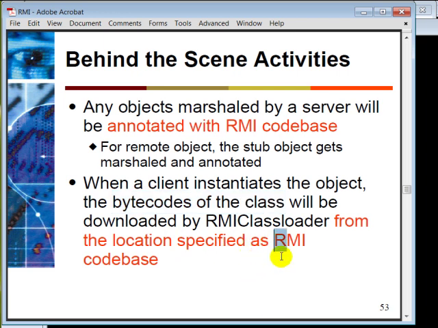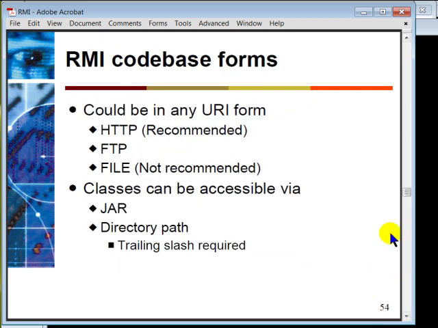Again, this RMI codebase is inside that serialized object. The RMI codebase could take many forms: HTTP, FTP, or file. And just like the import class path, it could be a jar or a directory path.